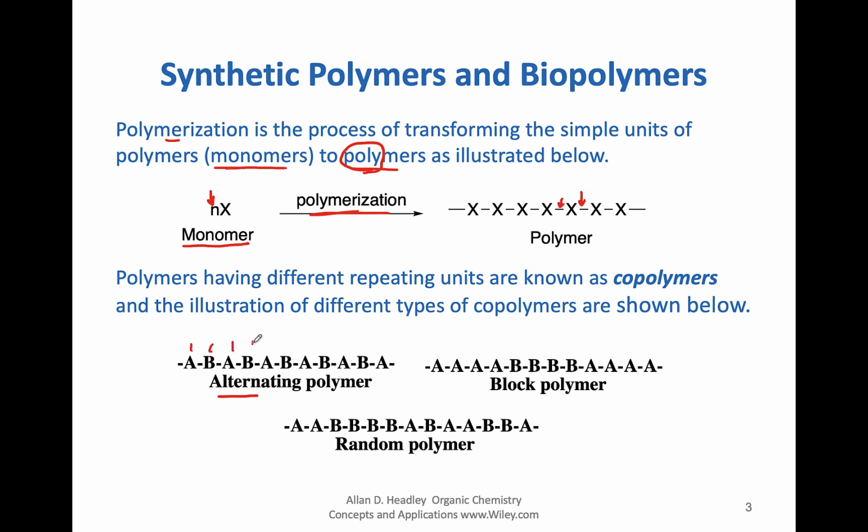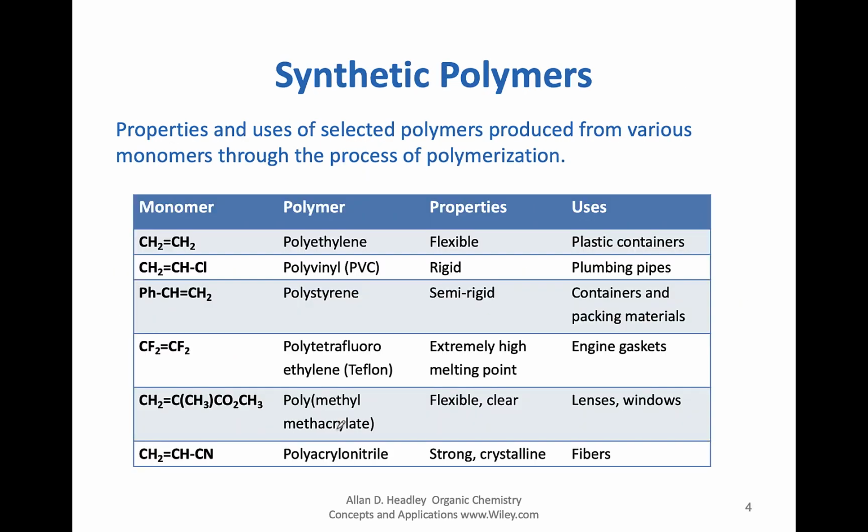We have two types of monomers here, A and B. The next type is a block polymer, where all the A's form a block and all the B's form another block, etc. And of course, as you can imagine, the last possibility is the random polymer. There's no set systematic way of the bonding here. The monomers just randomly bond together.